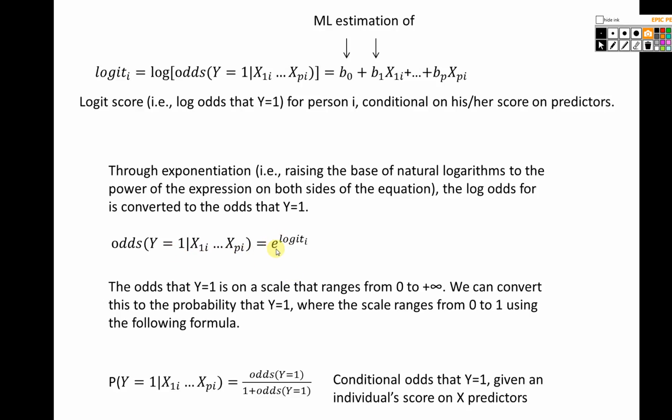So if we exponentiate the logit, we end up with the odds. And then if we want to compute the probability that the individual falls into group 1 using the standard 0 to 1 scale that we're all familiar with, all we have to do is take the odds divided by 1 plus the odds that the individual is falling into group 1.